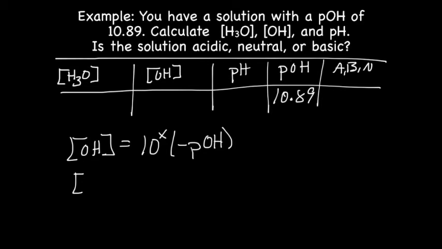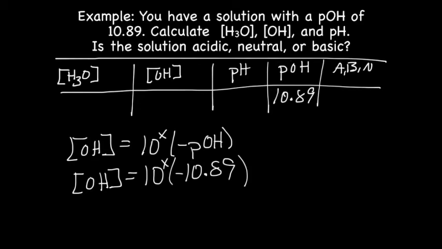So concentration of OH equals the antilog of negative 10.89. So putting that into our calculators, that gives us 1.288, 4 sig figs, times 10 to the negative 11. And that's our concentration of OH.